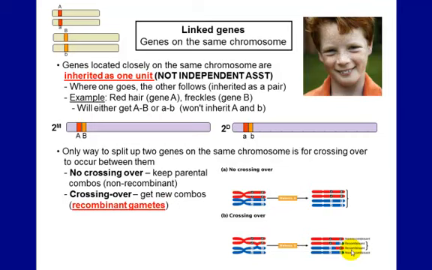Now, if these genes are very close together, chances are that you are not going to get crossover. So if you look at these genes here, you have A and B that is far down on the chromosome. One is very close to the centromere and the other one is further down the road. When you have the crossover here, if they're far apart, chances are they're going to get mixed up.